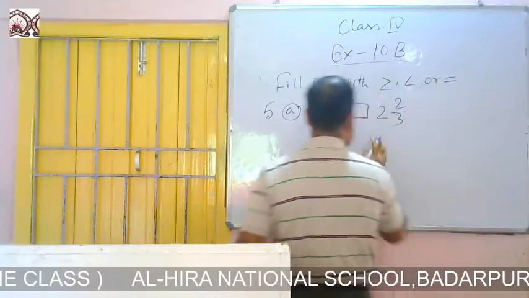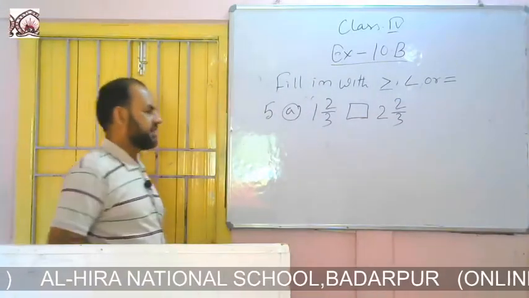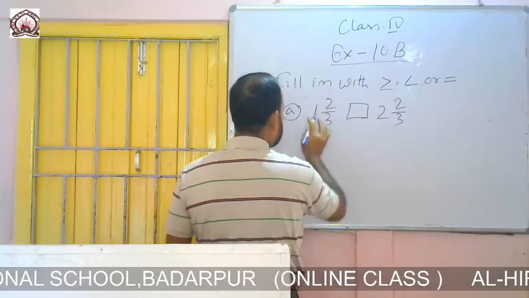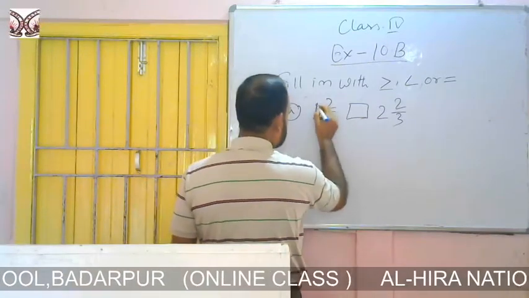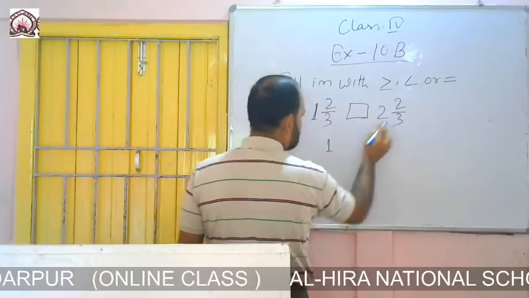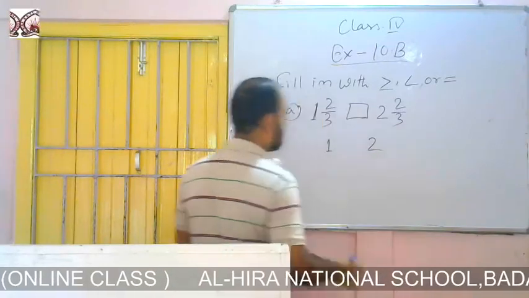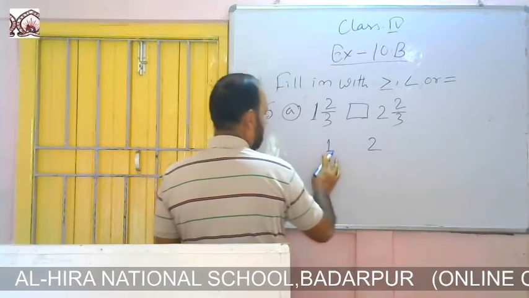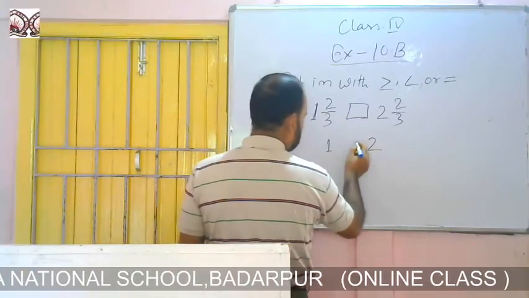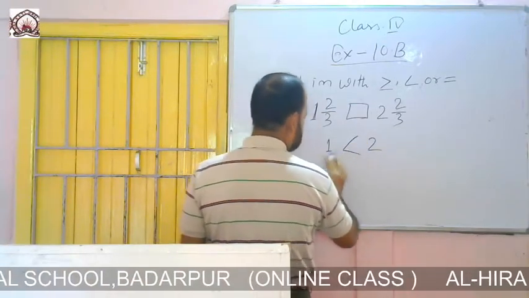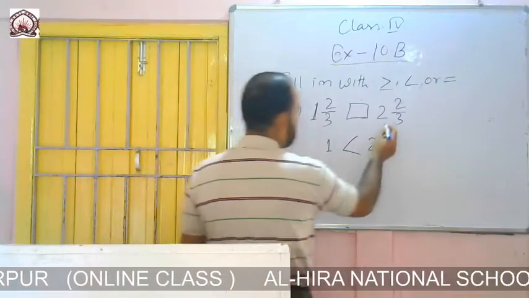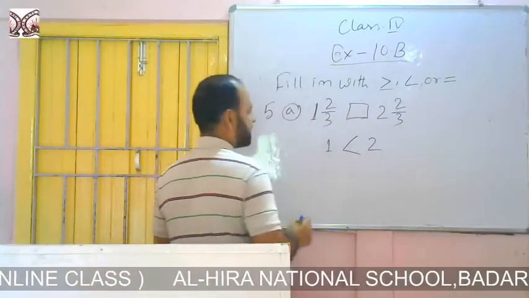While comparing mixed fractions, first we compare the integral parts. Here the integral part of this fraction is 1 and of this fraction is 2. So 2 is greater, 1 is small, so 1 is less than 2, so this fraction is less than this fraction.